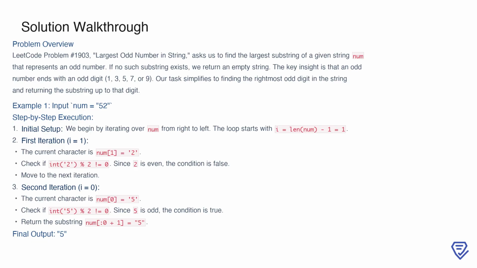For example, if the input string is 52, we start by examining the digits from right to left. At the first position, we encounter 2, which is even, so we continue. At the next position, we find 5, which is odd. Since this is the rightmost odd digit, we return the substring up to this position, which is 5. Thus, the output in this case is 5.